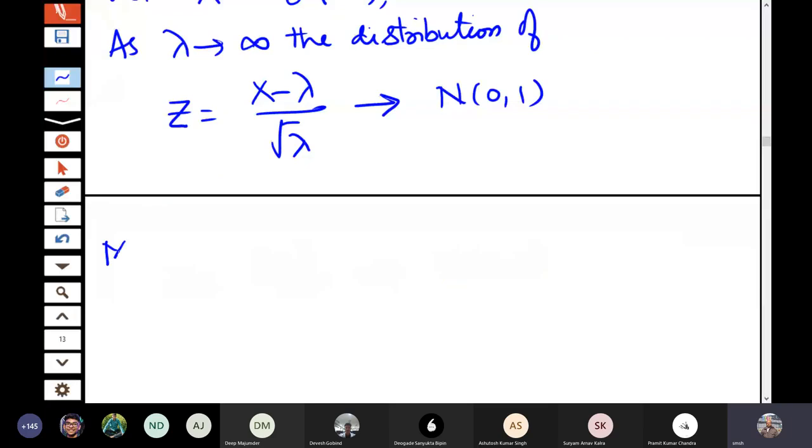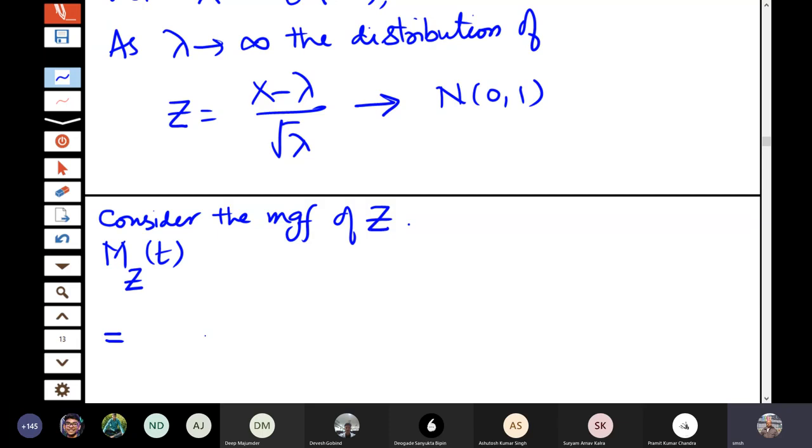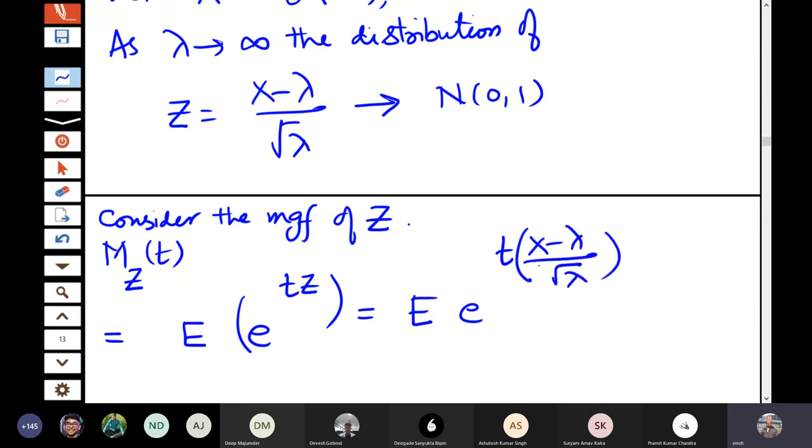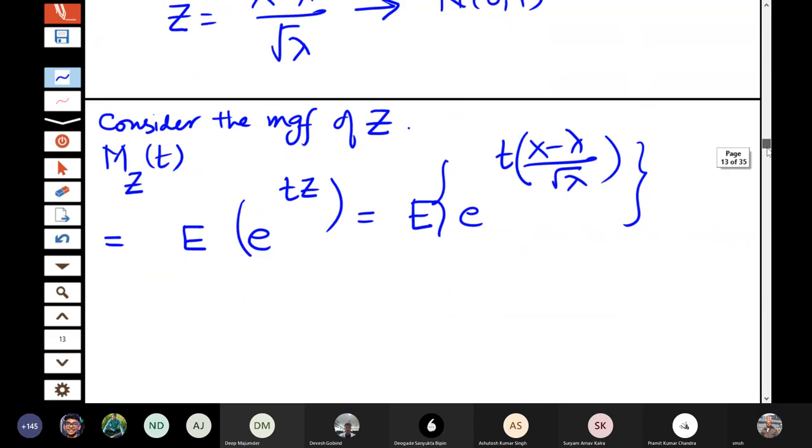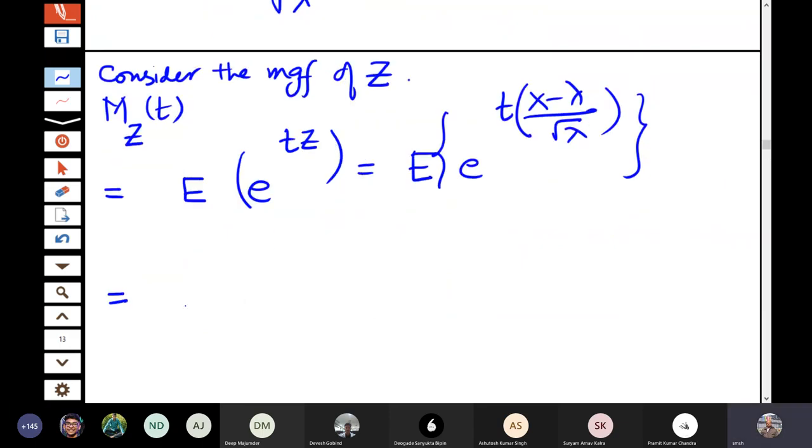So let us consider the moment generating function of Z. That is equal to the expectation of e to the power tZ, that is the expectation of e to the power t (X minus lambda) by root lambda. Let us do some simplification here.